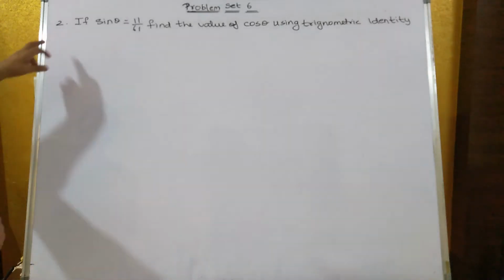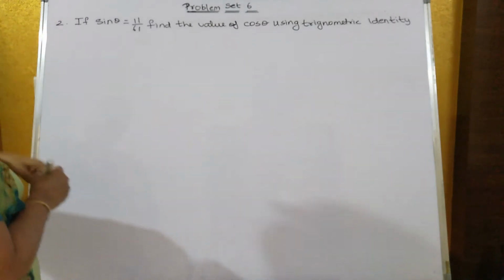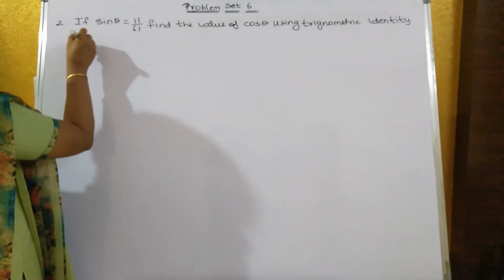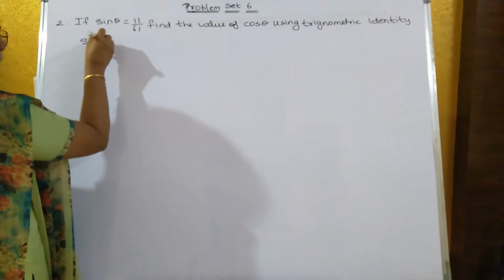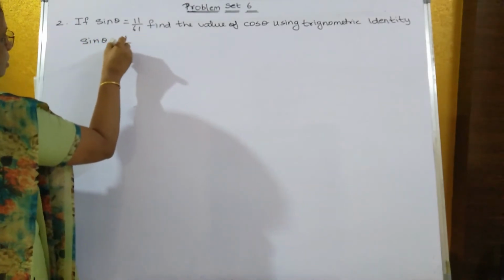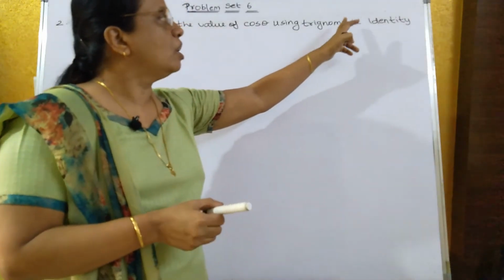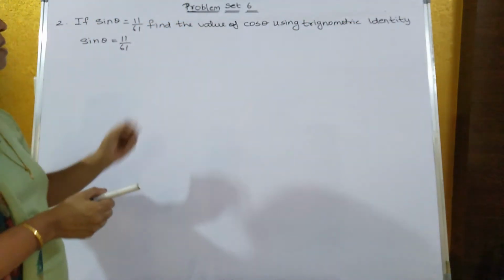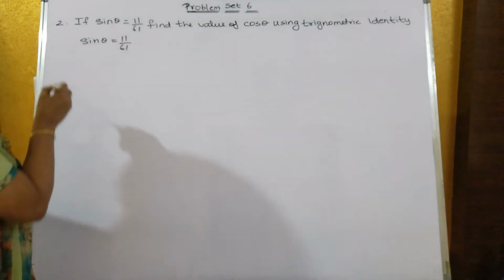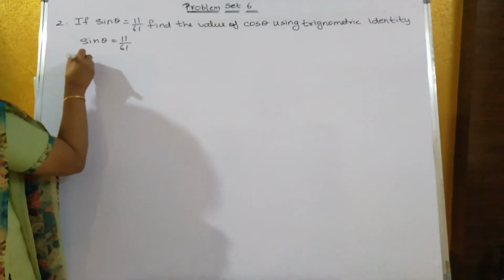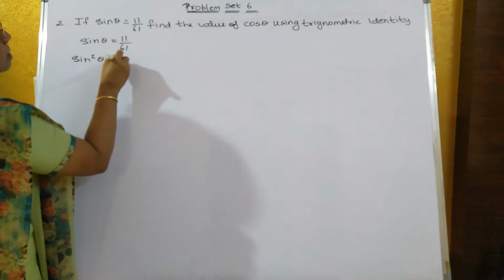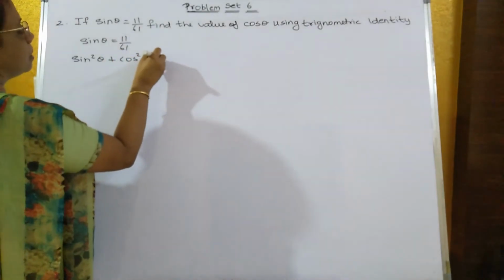Now sum number 2 of problem set 6. They have given sine theta is equal to 11 upon 61. We have to find out the value of cos theta using a trigonometric identity. So we have to use the identity, not the Pythagoras theorem. We know that sine square theta plus cos square theta is equal to 1.